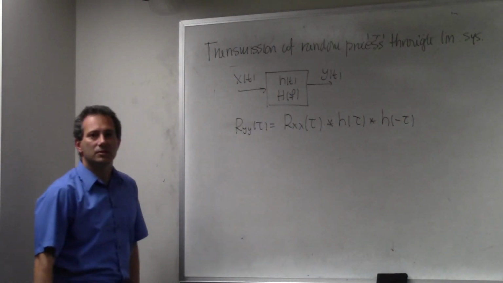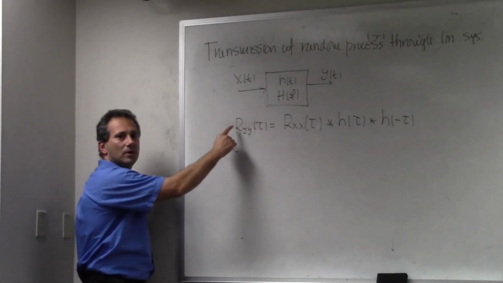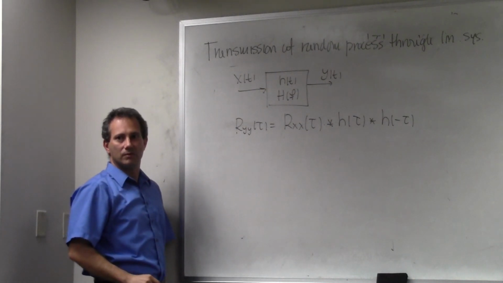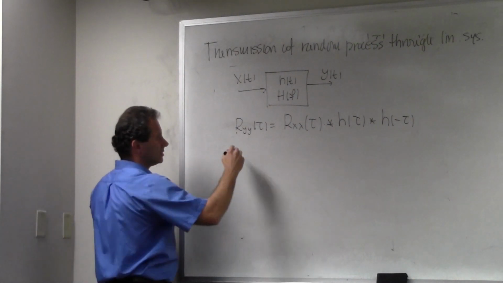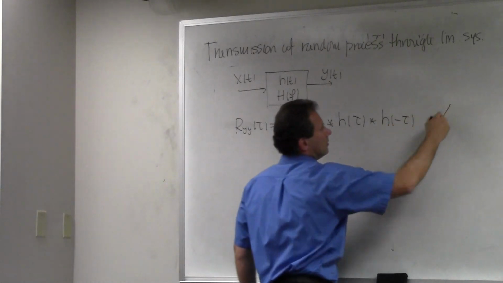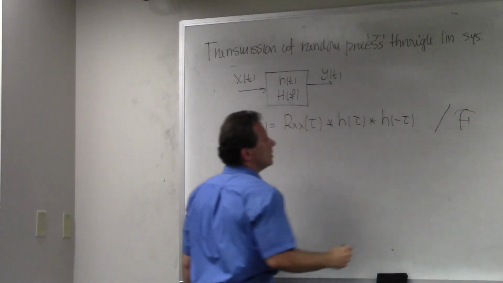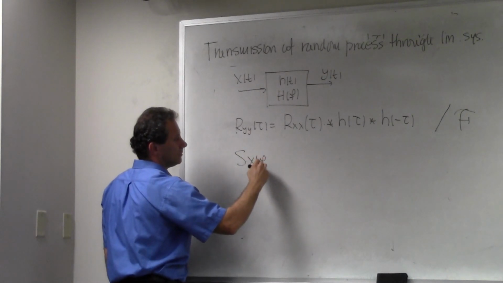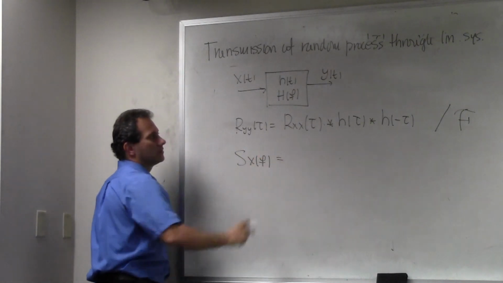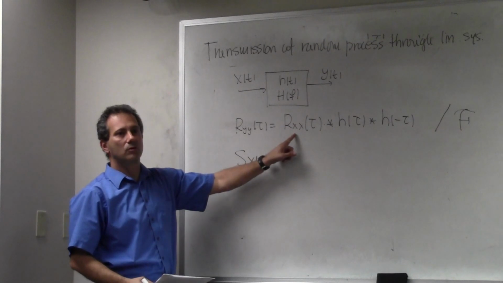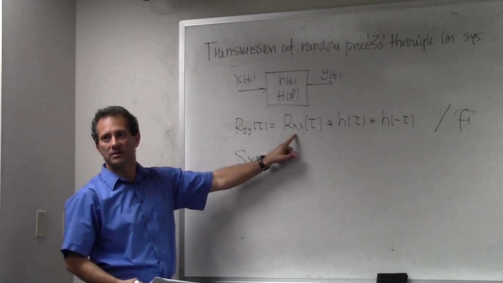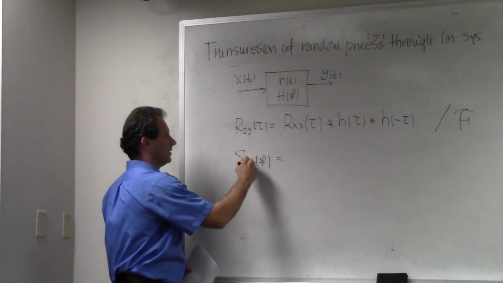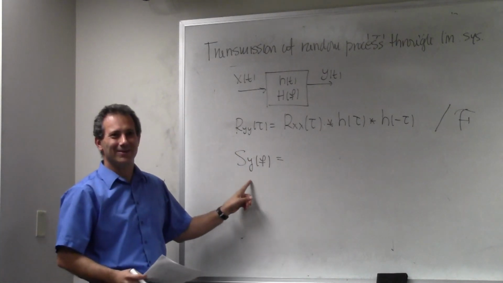Let's take the Fourier transform of this. What's the Fourier transform of the autocorrelation function of the y signal? So the Fourier transform of the left-hand side is Sy of f. Now the Fourier transform of the autocorrelation function for x is Sx of f.